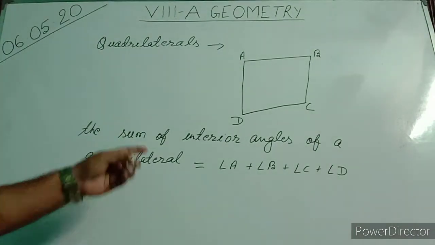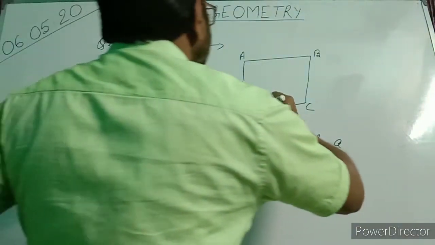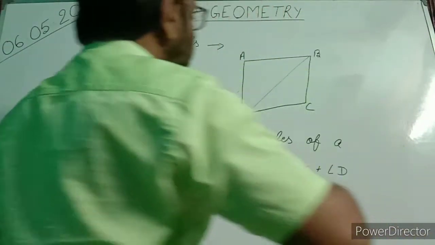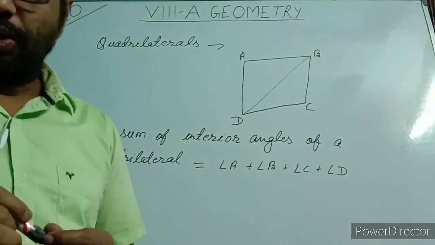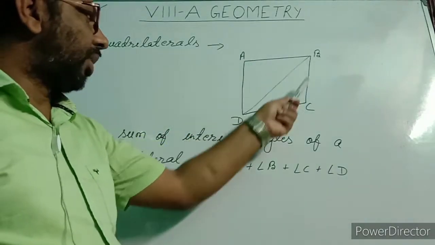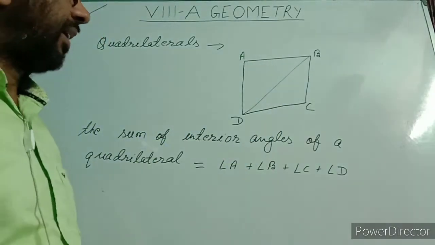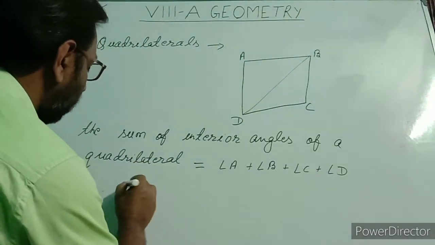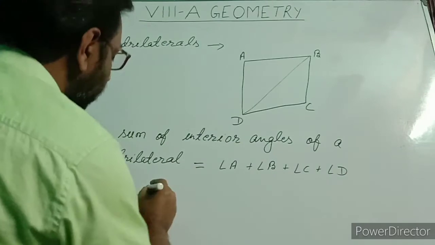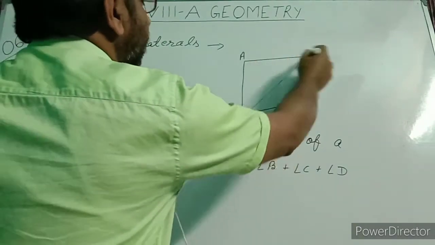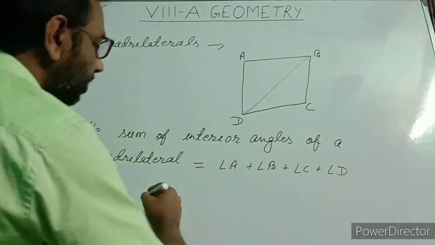We know the sum of angles of a triangle equal to 180 degree. We divided this quadrilateral into two triangles. Those triangles are triangle ABD and triangle BCD.